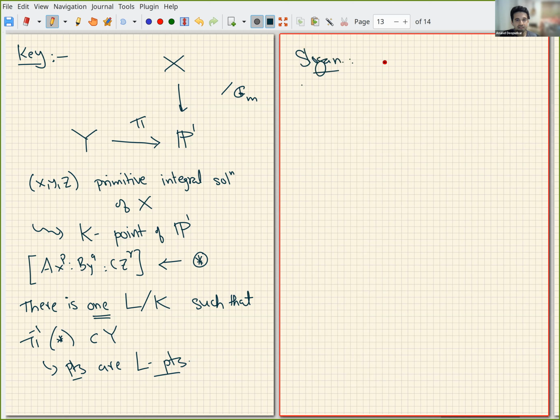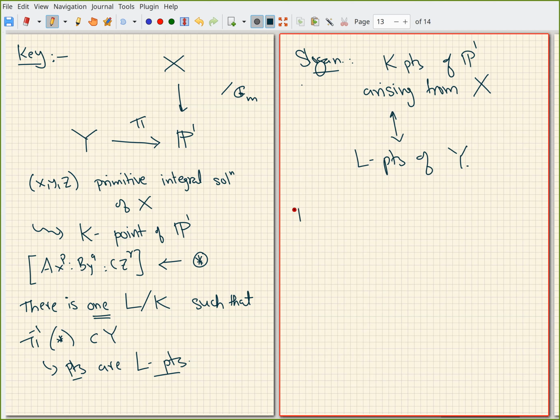K points of P1 that arise from X are the same as L points of Y, where L is some fixed extension of K.